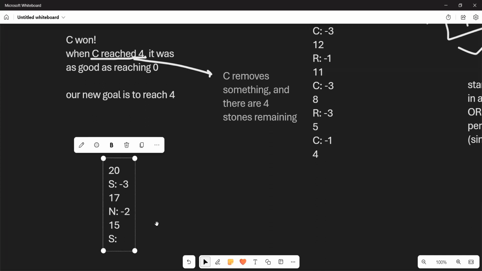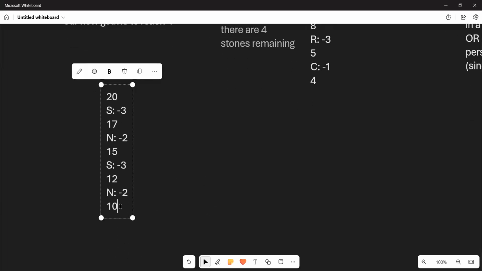Quick. -3 again? Okay. Interesting. Suspicious. I'll do -2 again. Obviously. We have 10. Samrit, -2 again. So we have 8. Naitik, -1. So we have 7.